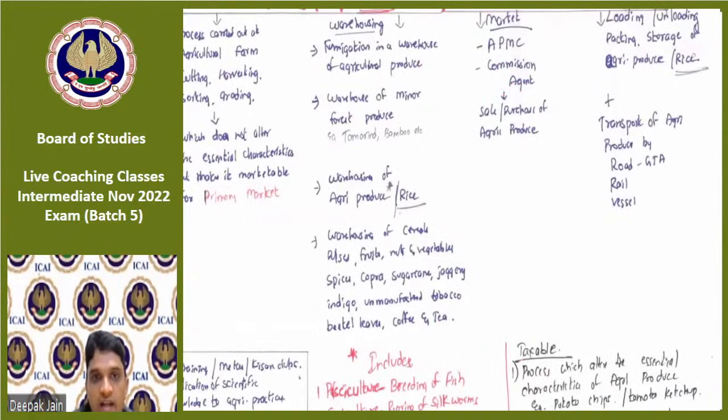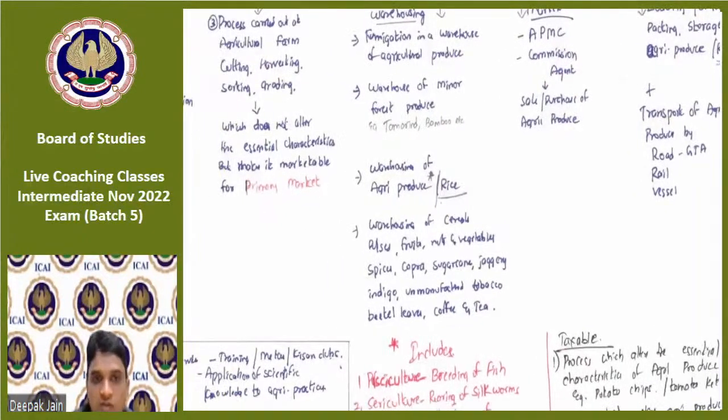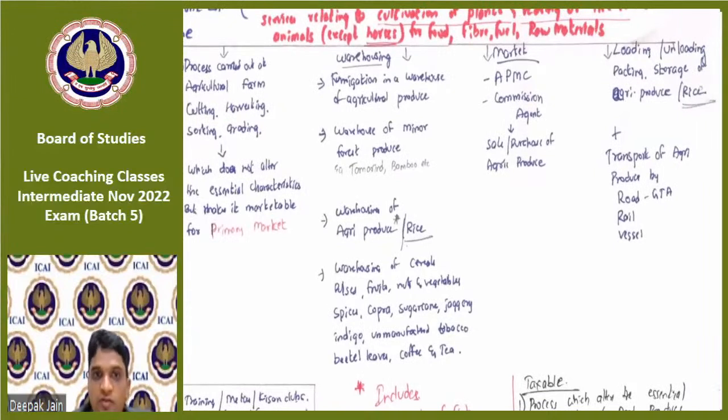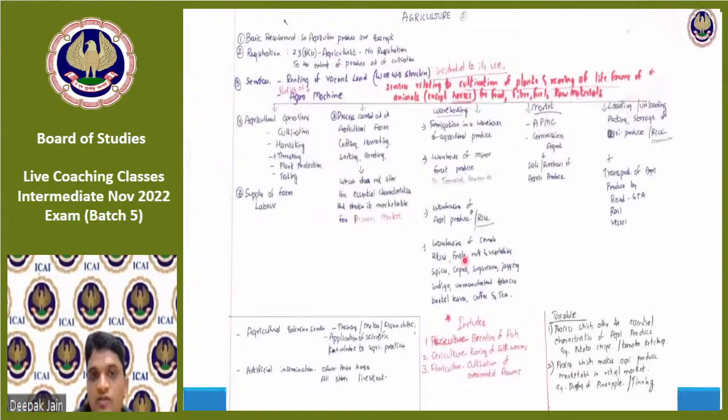Loading and unloading of rice, and warehousing of rice, even though it is not an agriculture produce. Paddy is an agriculture produce, but in these two places they have included rice, that is warehousing of agriculture produce and loading, packaging, storage of that also is exempted. So you should remember rice is exempted at these two places. Other places it will be taxable.